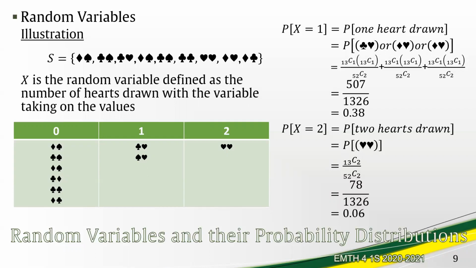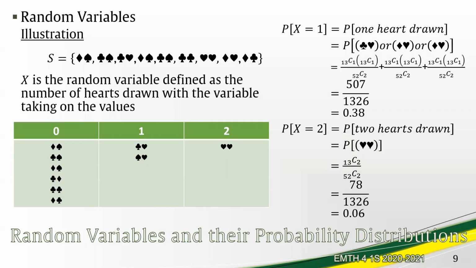If you break that down, 13 taken 1 multiplied by 13 taken 1 all over 52 taken 2 for every suit, that should yield 169 over 1326. And you multiply that by 3 so that you get 507.